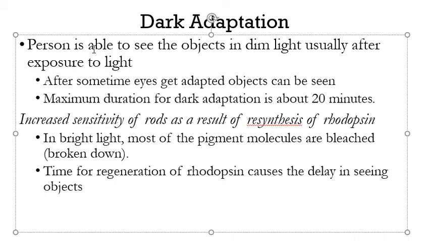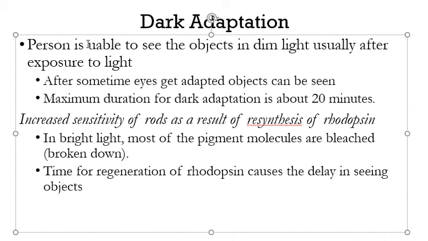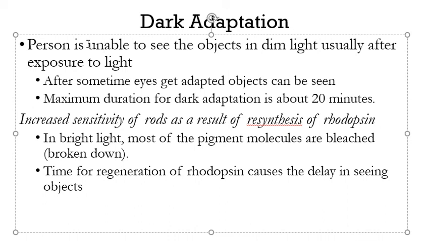Usually when you get into a room that is dimly lit, it is very difficult for you to see. But once you stay in there for a while, you have adaptation that happens, and maximum duration of dark adaptation is about 20 minutes, and you're able to make out what is going on.